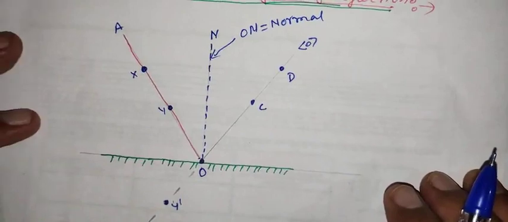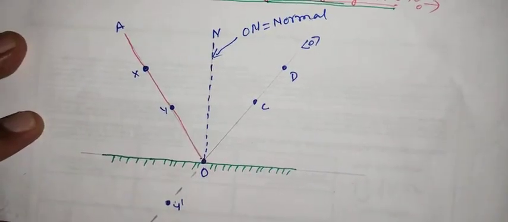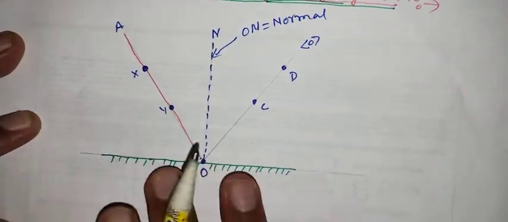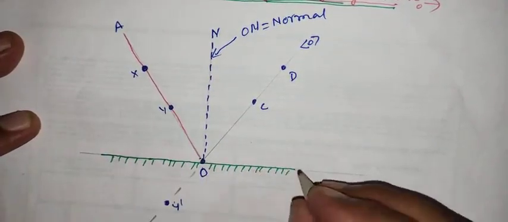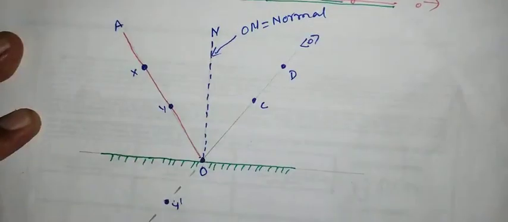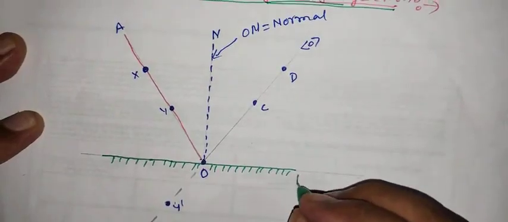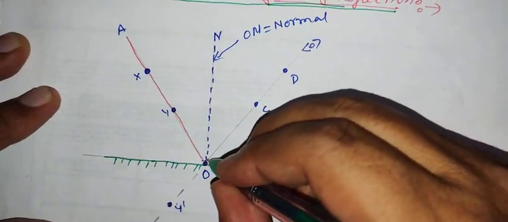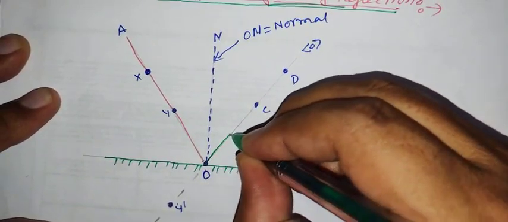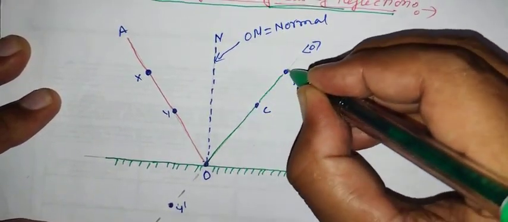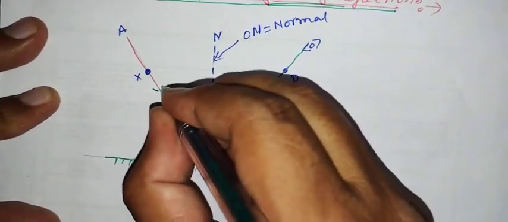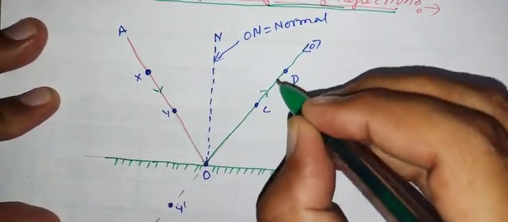If one is able to do that, then remove all the pins and take away the mirror from its place. This is the place of mirror M. After doing this, join the lines. It is the incident ray and it is the reflected ray.